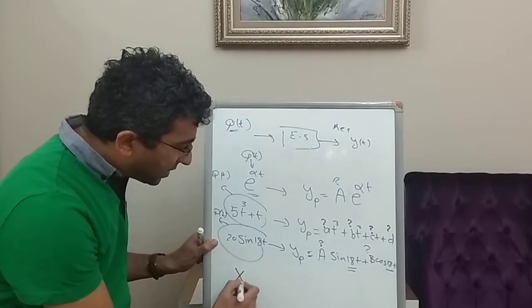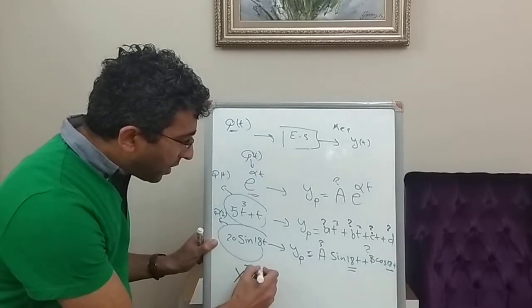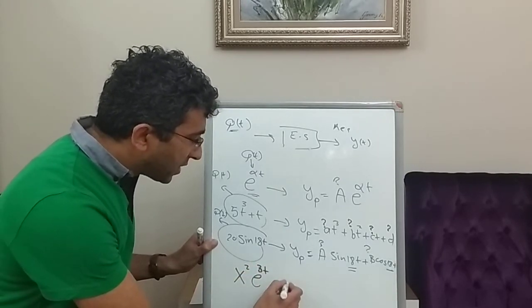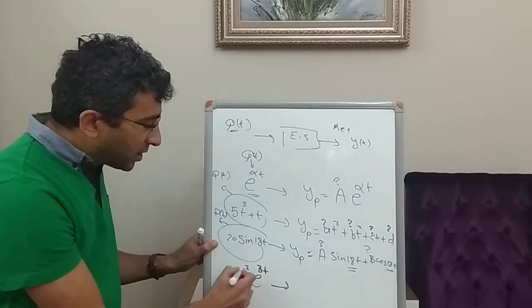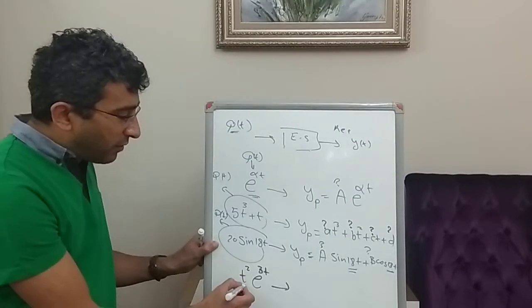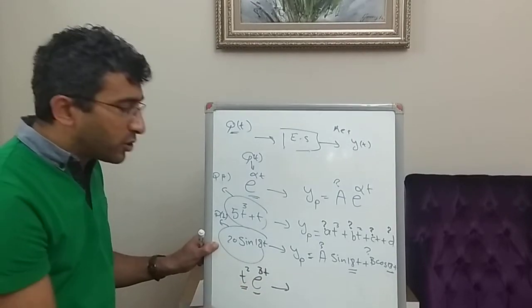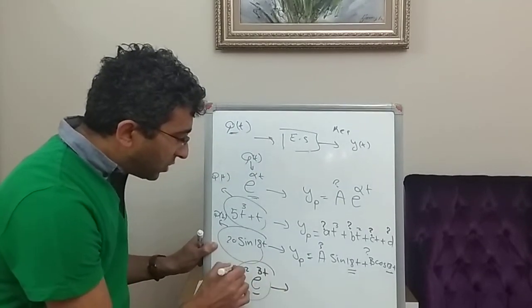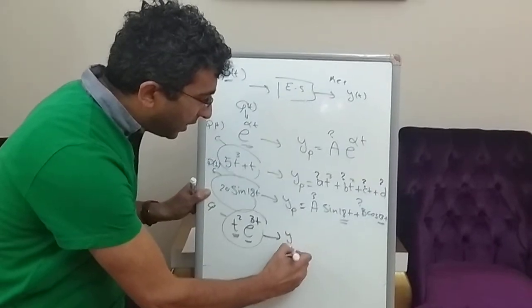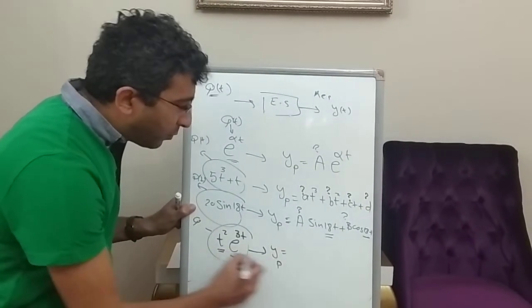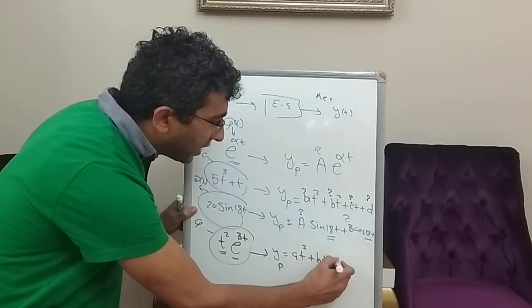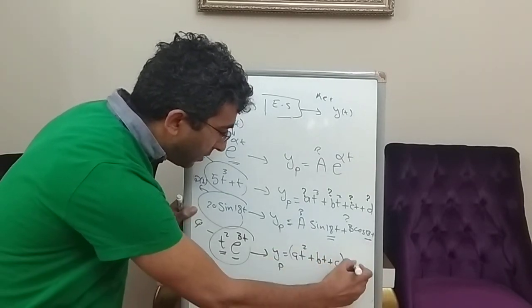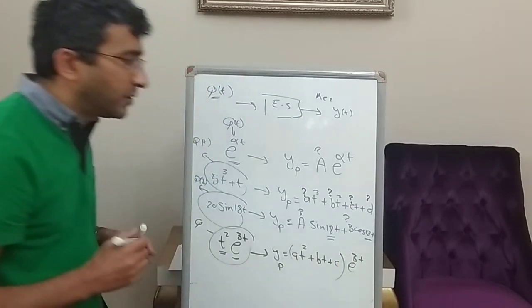For example, t squared multiplied by e to the 3t. Suppose that is your action. So you have a polynomial multiplied by an exponential. In this case, this is your q of t. So your yp is equal to a polynomial, a t squared plus b t plus c, multiplied by the exponential function.